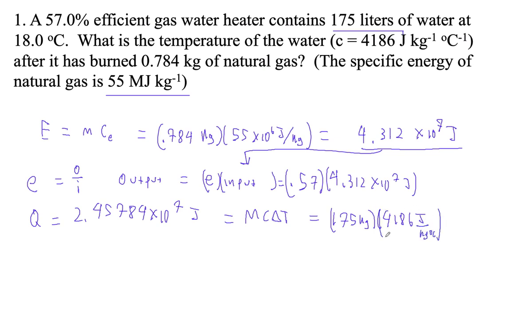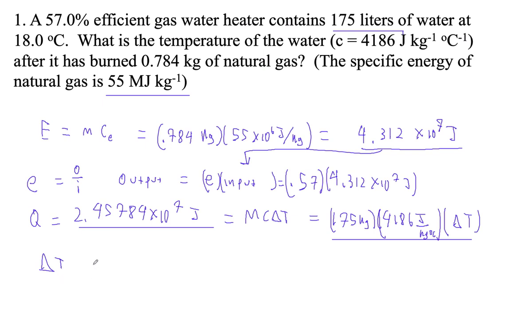It's a lot, right? Then we can figure out the delta T. So we set this equal to this, and take the number on my calculator, divide by 175, divide by 4186.